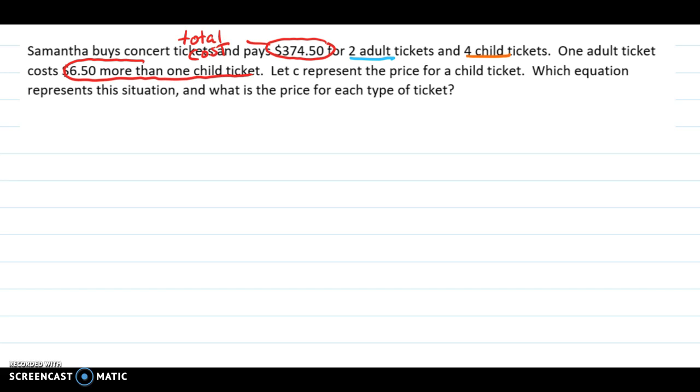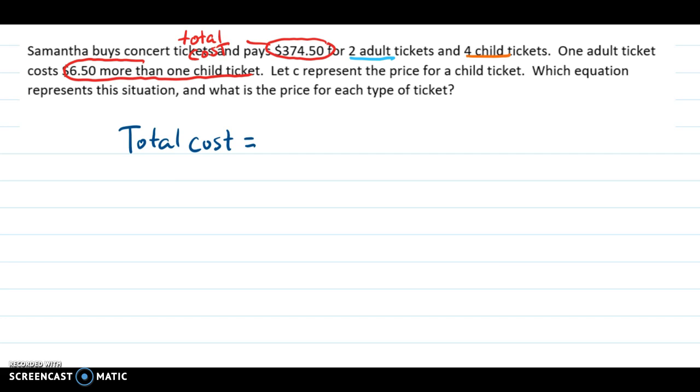I like to start off by first of all writing an equation that is more English than it is algebra. So I know that the total cost is made up of two parts. How much comes from the adults and how much comes from the child's tickets.